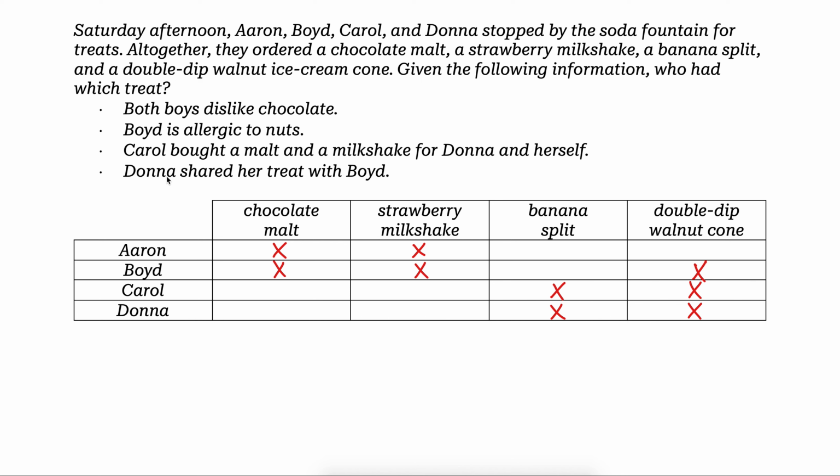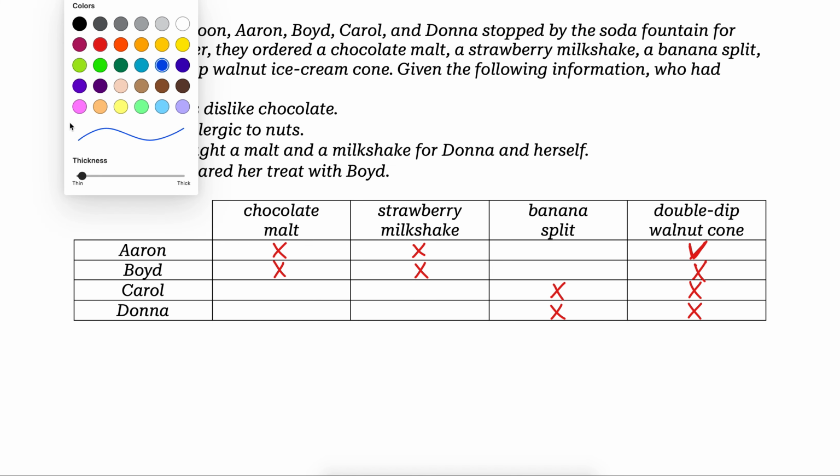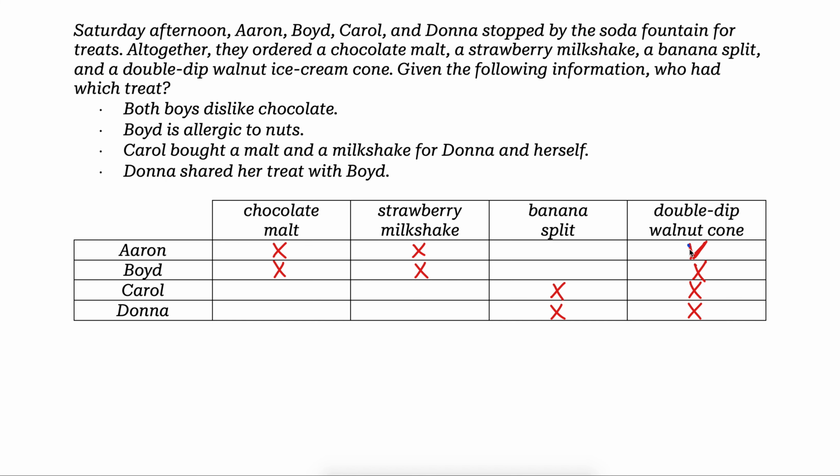So without even getting to that last little bit of information, we're able to deduce what Aaron and Boyd got. The double dip walnut cone, the only person that's available to have the double dip walnut cone is Aaron. So I'm going to put a check mark there. And actually, I'll do it in a different color just to make it stand out even more.